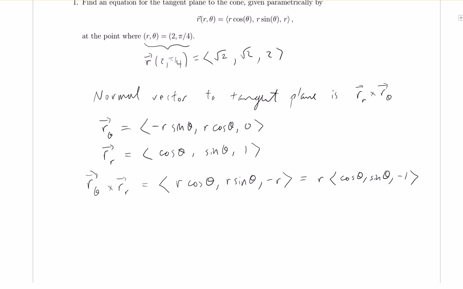So let's plug in the point. When r and theta are 2 and pi over 4, so r is 2, theta is pi over 4, then cosine and sine of pi over 4, as we said above, are both 1 over the square root of 2.